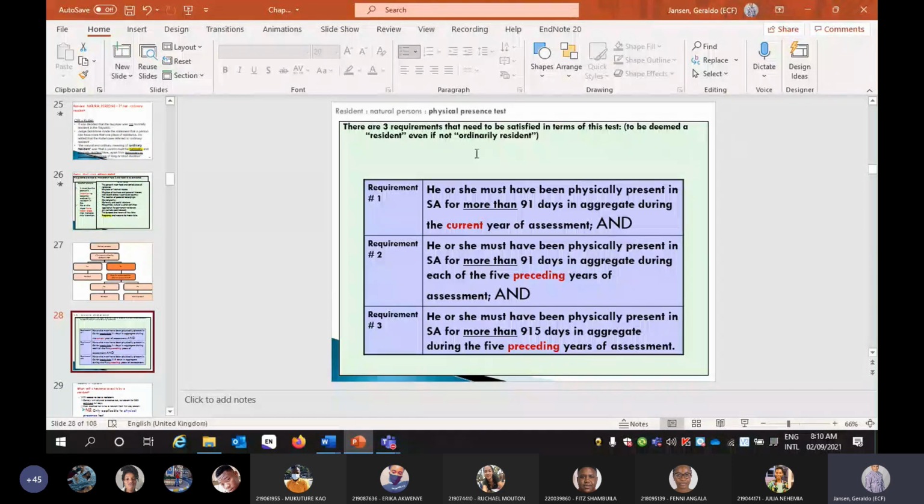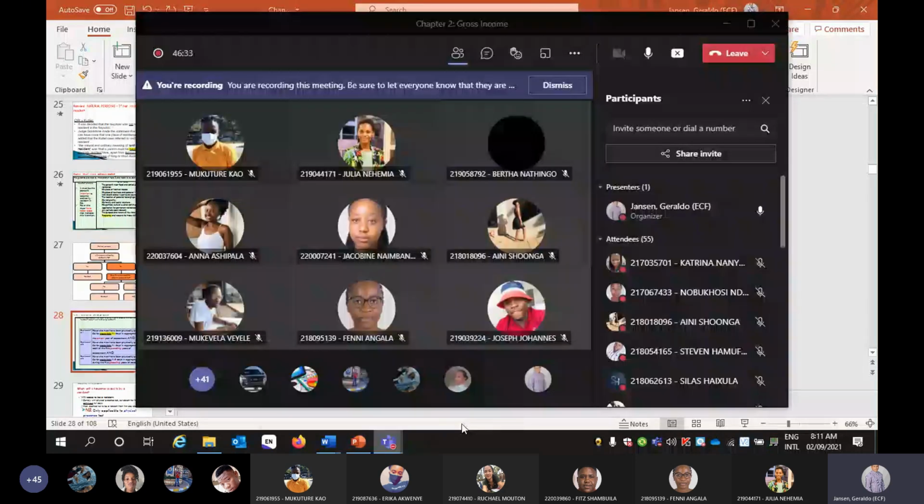So the first requirement: the person must have been physically present in South Africa for more than 91 days. Now guys, in a test, if I just give you 91 days, 91 days is not more than 91 days. There's a difference between 91 days and more than 91 days.